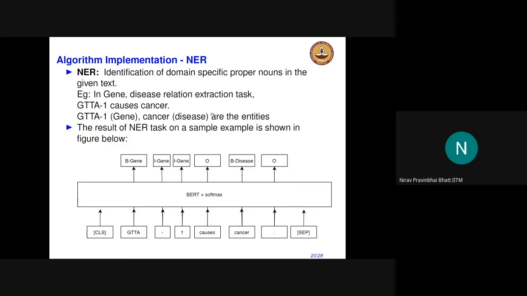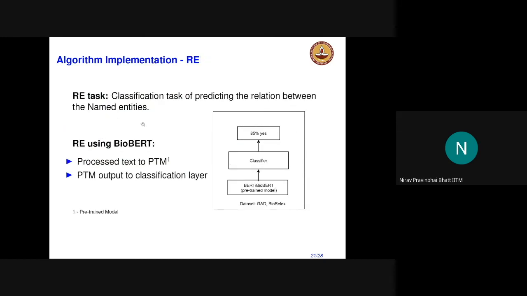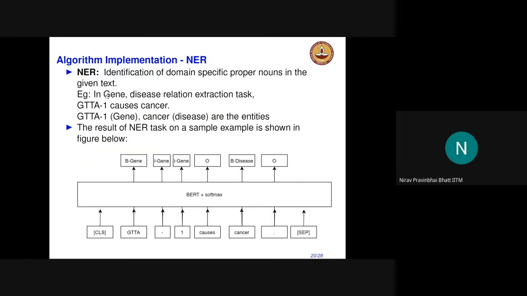So cancer is a disease, which is an entity. GSTA1 is a gene, which is also an entity. Of course, this sentence is not this simple. This is just for illustration purposes. Sentences are more complicated, the way we scientists typically write. And then again, we build a model.